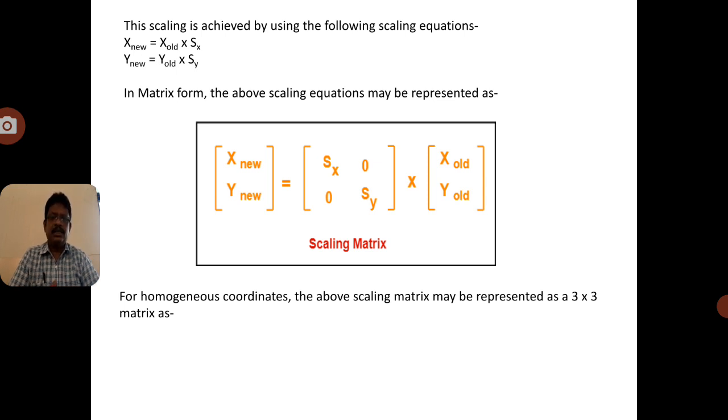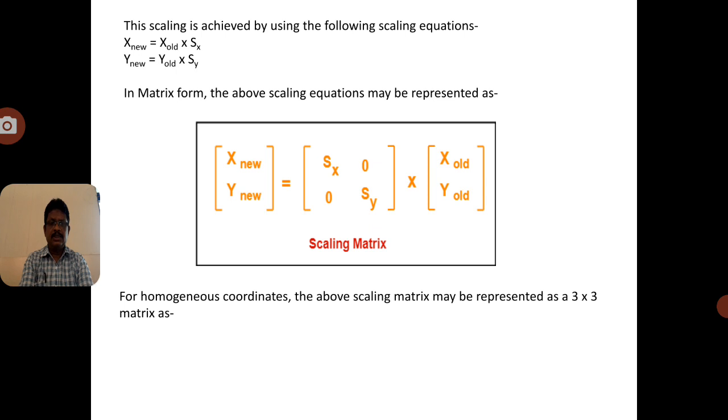These two are related to the x axis and the y axis. The x new coordinate equals x old into Sx, which is the multiplication with the value of Sx, and similarly y new equals y old into Sy.